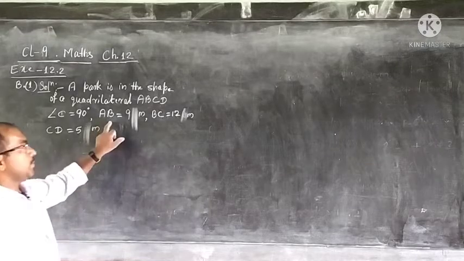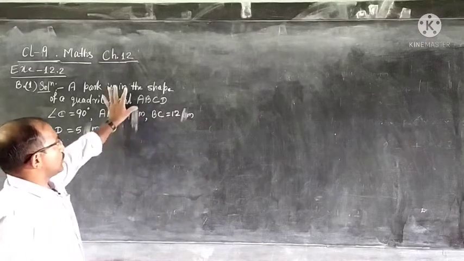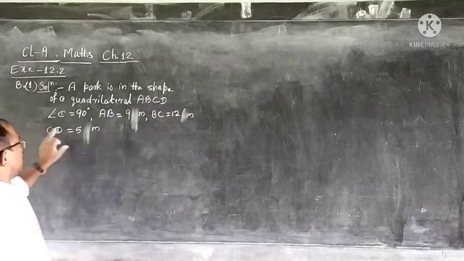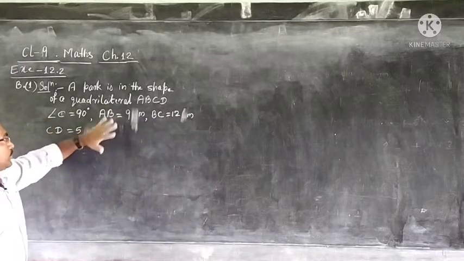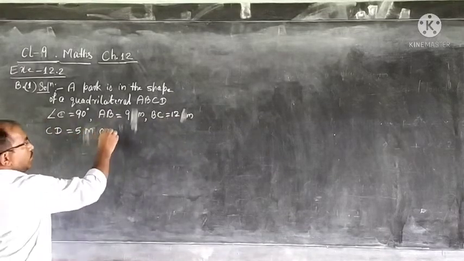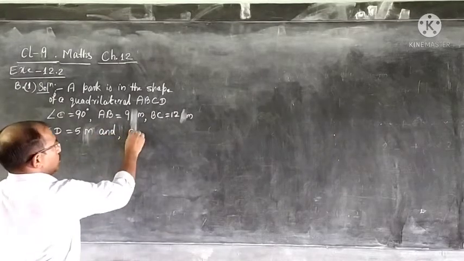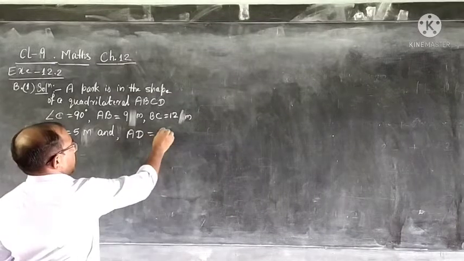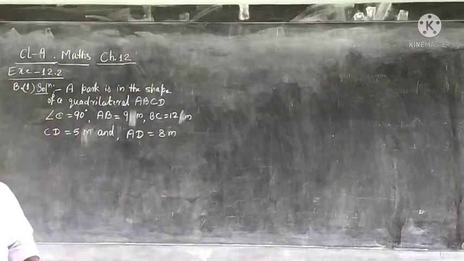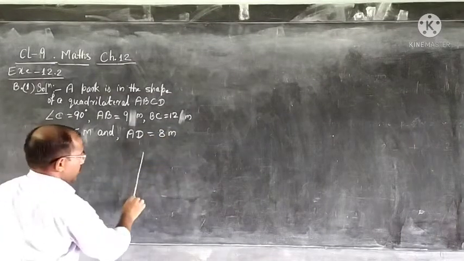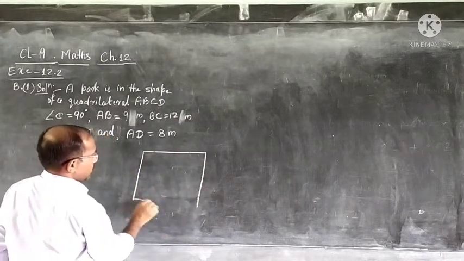So, AB is 9 meter, BC is 12 meter and CD is 5 meter. Then one more dimension is there, AD equal to 8 meter.